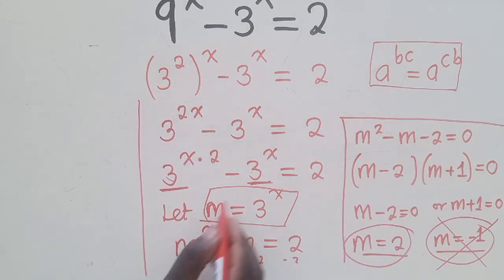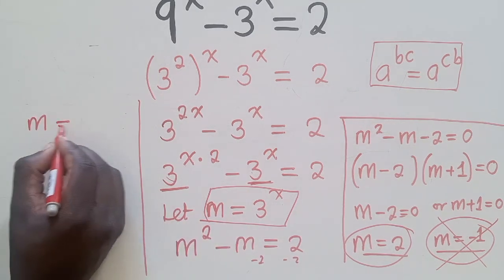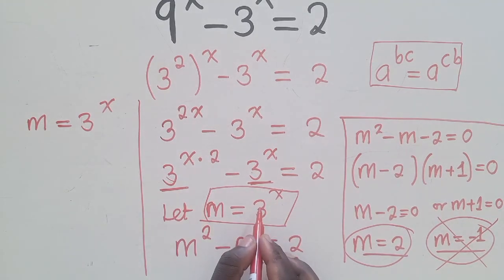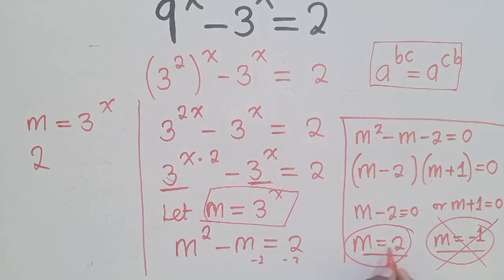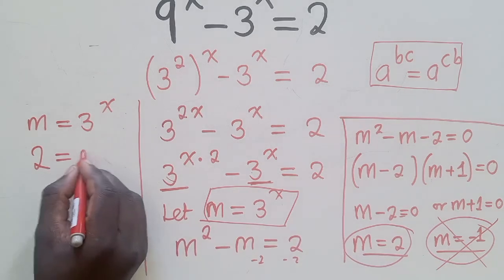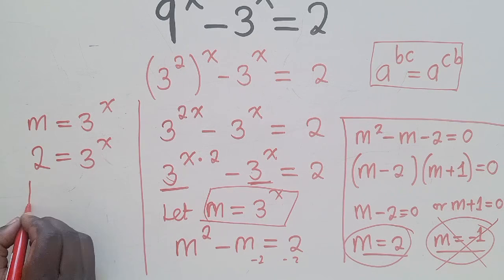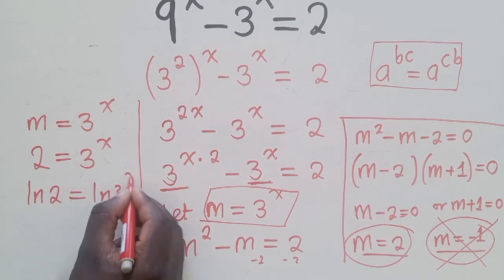We said m is equal to 3 power x. Where there is m, we substitute 2, because we know that the value of m is equal to 2. Now to solve for x, we apply ln to both sides.